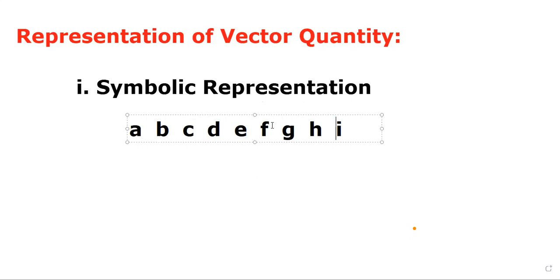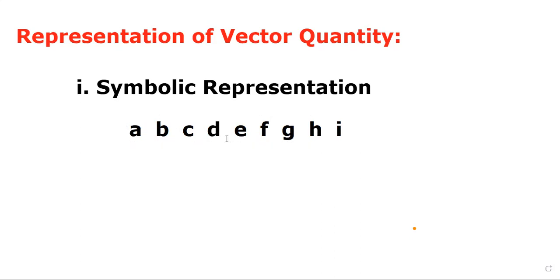Then how would you differentiate among them which quantity is a scalar quantity and which quantity is not a scalar quantity? The quantity which is a vector quantity would have a bold letter. It would be a little bold as compared to others.